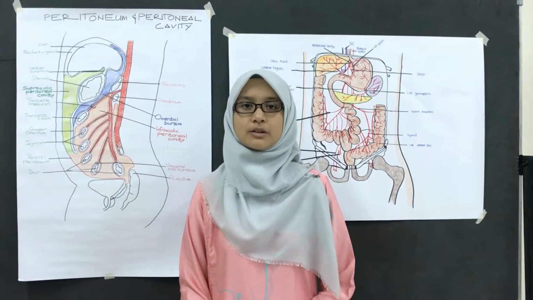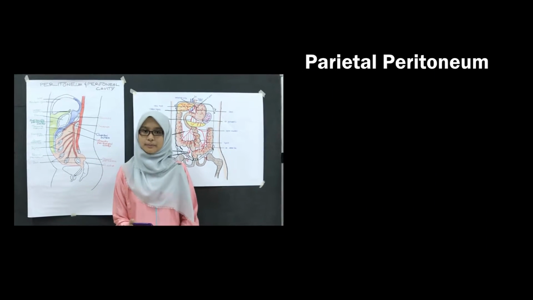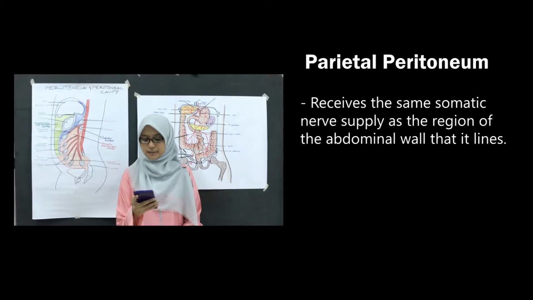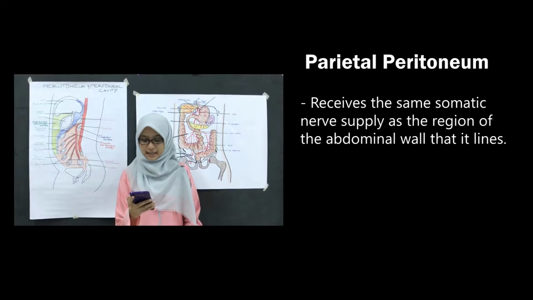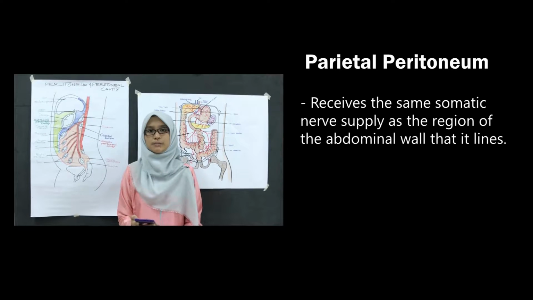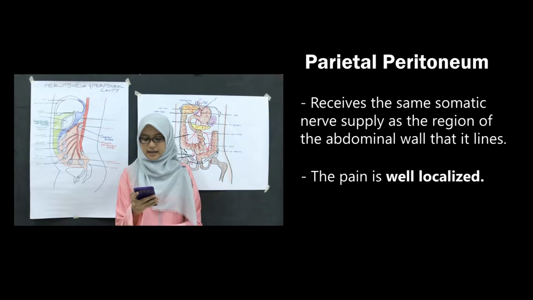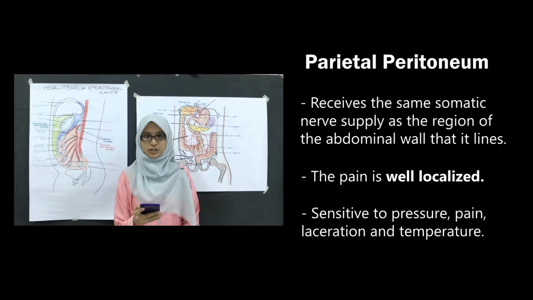Now I will talk about the nerve supply for the peritoneum. The parietal peritoneum receives the same somatic nerve supply as the region of the abdominal wall that it lines. Therefore, pain from the parietal peritoneum is well localized, and it is sensitive to pressure, pain, laceration, and temperature.